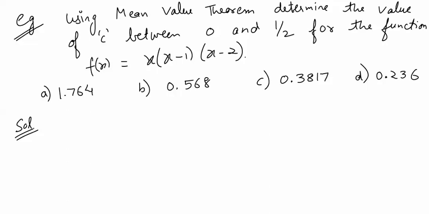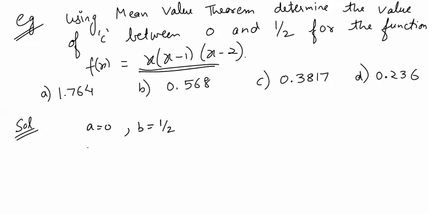The two conditions: f(x) is continuous, we can see it is a continuous function. f dash x also exists, so we have those conditions. Now we have to check whether f of a is equal to f of b or not. What is a? a is 0, b is half.